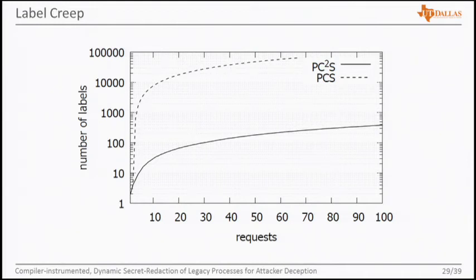What we observe is that without our approach, with PCS, we notice a huge explosion in the number of labels. After 68 requests, the web server process actually crashed, running out of labels because of the huge combination that we observed internally. With our approach, the server was able to run for many thousands of requests, above 10,000, without ever crashing. That is much more than the average lifetime of a worker process in Apache.